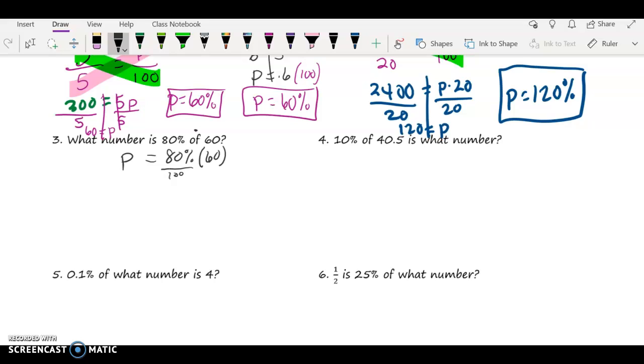And so 80 divided by 100 is 0.8 times 60 equals my p. Now, since p is already by itself, we're just going to plug this into our calculator. So we have 0.8 times 60 and we get 48 equals my part.